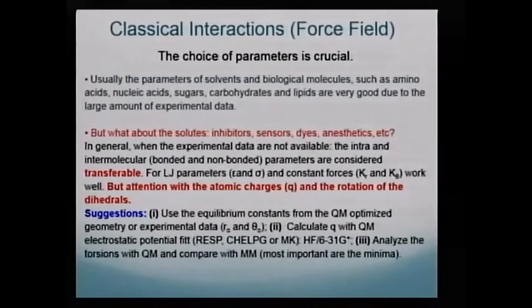Because in the end, your sampling of configurations will follow the force field. If your force field tells you, okay, you are going to be in the gauche plus position, but your ab initio tells you that you are going to be in the trans position, it's better that you change to trans than have the gauche position, okay? So this is the idea.